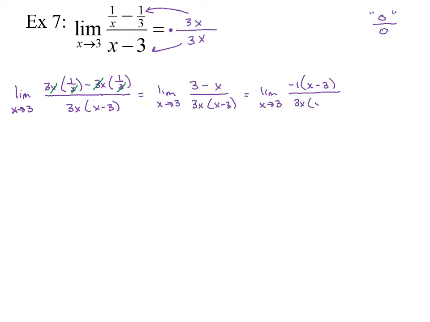By doing that and not touching the denominator, you can now see that x minus 3 over x minus 3 is canceled, and you are left with the limit as x approaches 3 of -1 over 3x. And if you plug 3 into this, 3 times 3 is 9, and your final answer is -1/9. So that's how you will deal with complex fractions.